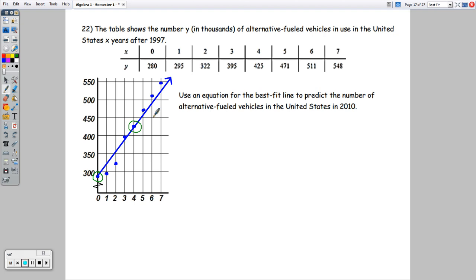So for my slope, let's start out with that. The slope would be change in y over change in x, or y2 minus y1 over x2 minus x1. The 2 points I picked are actual data points here in the table, and they lie on the line. If they don't lie on the line, you can't pick those ones, but these ones do, so I could use these ones.